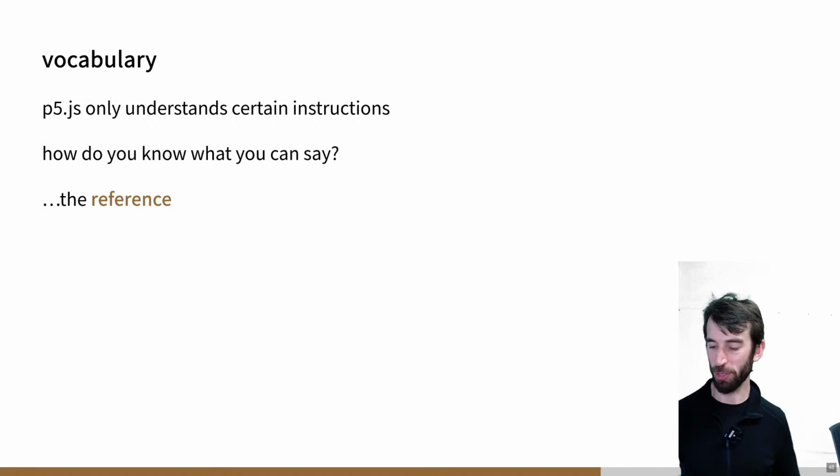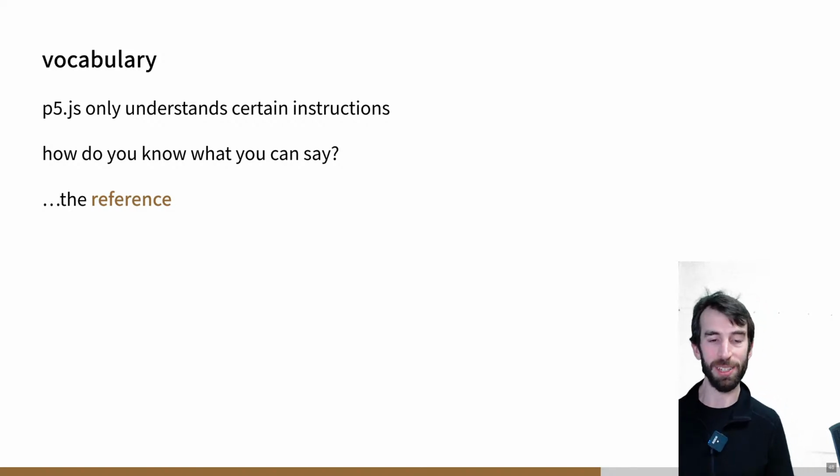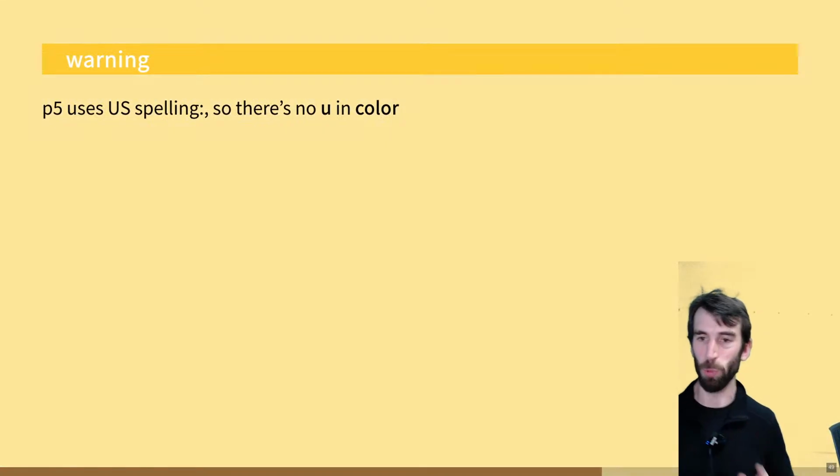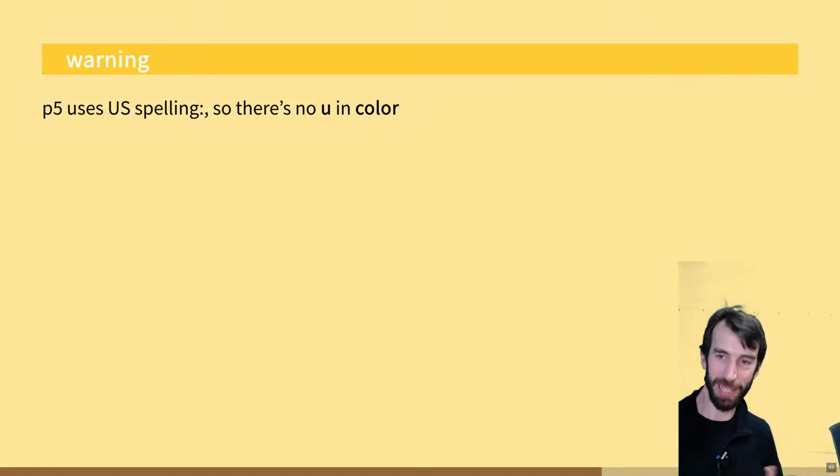We'll talk a lot about functions in later weeks, but each of these special instructions you can give the computer, you have to look in the reference to see what they are and how you can use them, because they'll have different kinds of information you can give them. And just as a warning, if you use Australian spelling, in P5 there's no U in colour. So if you use Australian colours, it will not work. Sorry.